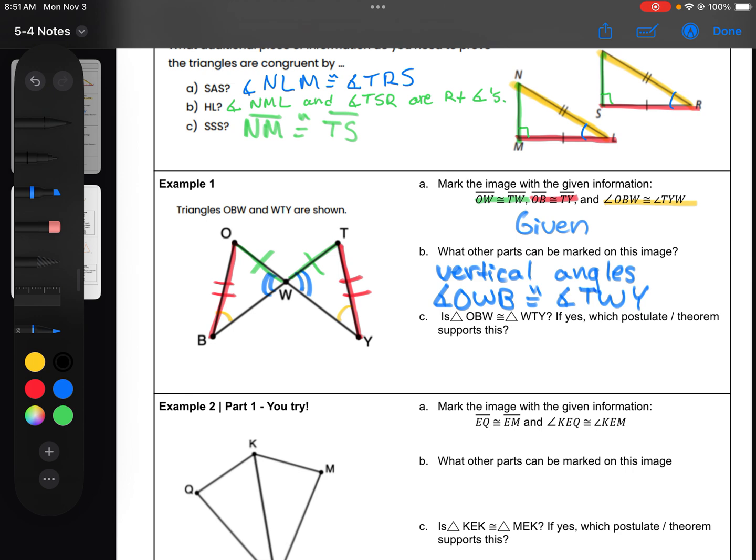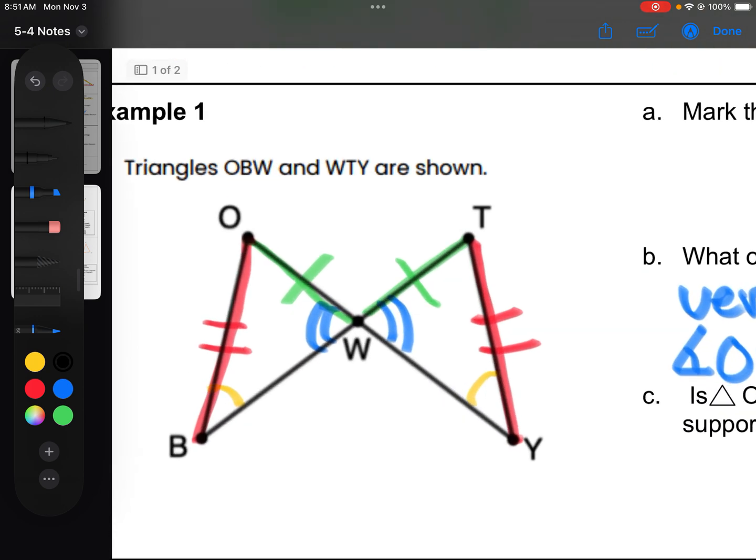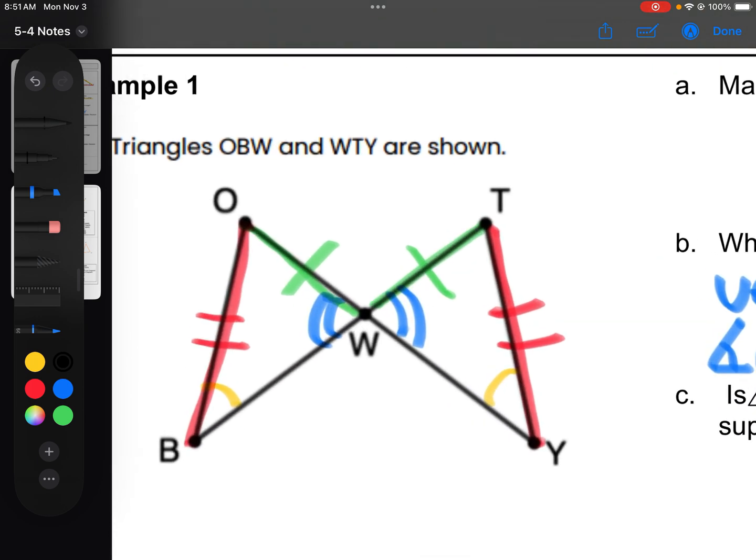So if we want to identify two triangles as congruent, we need to look at the pieces that we have marked congruent, okay? So at the bottom here in yellow, we have a congruent angle, so I'm going to mark them A. And then if we follow the markings along the triangle, I have here the red side is a congruent side. If I keep moving, this is a green side, okay?